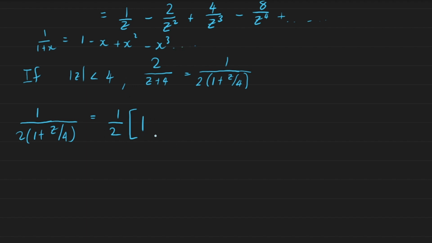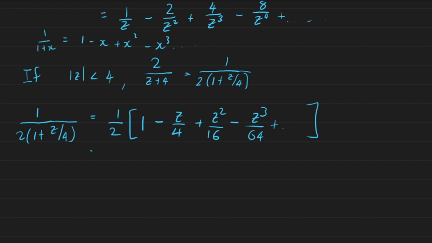So the first term is 1, then we have minus x, so it's z over 4. Then the next term is x squared, or z over 4 squared, so z squared over 16. Then the next term is cubed, so z cubed over 4 cubed. 4 cubed is 64. And it would carry on like that.